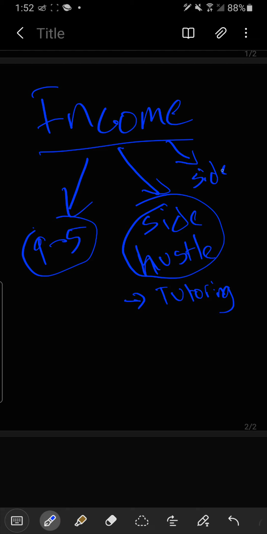I also consider that saving money can technically be a side hustle. Do you follow what I'm saying? Every dollar that you save is effectively a dollar that you earn, and that to me can also be considered in that form as well.